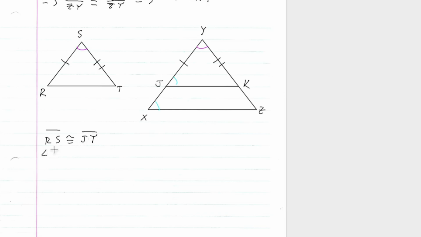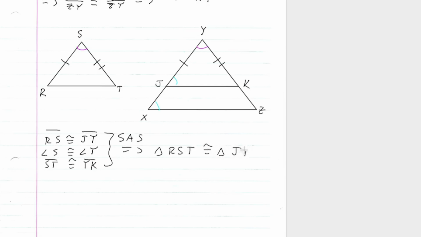I have angle S is congruent to angle Y. And I have ST is congruent to YK. So these three things together imply, by the side-angle-side congruency theorem, that triangle RST is congruent to triangle JYK.